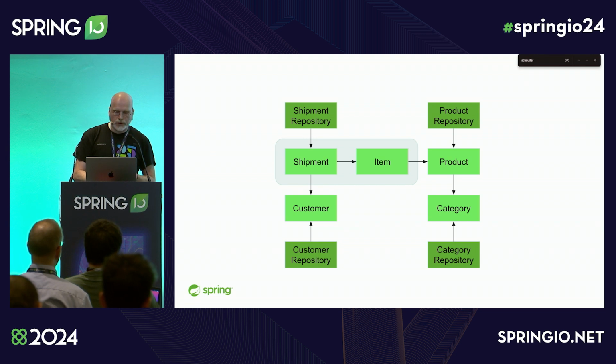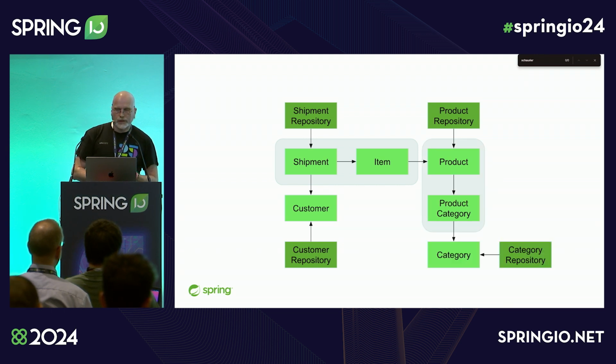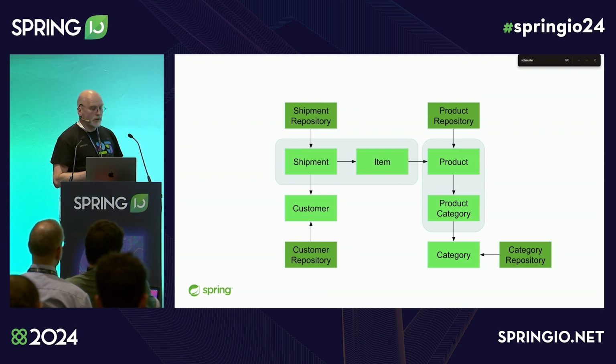Spring Data JDBC needs this class explicitly. And so now you have another aggregate that actually consists of two classes.